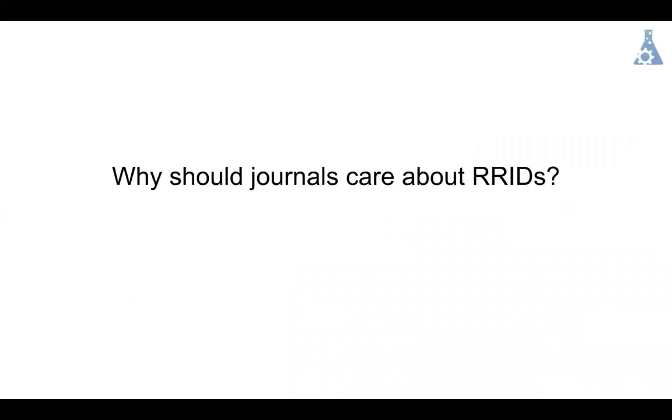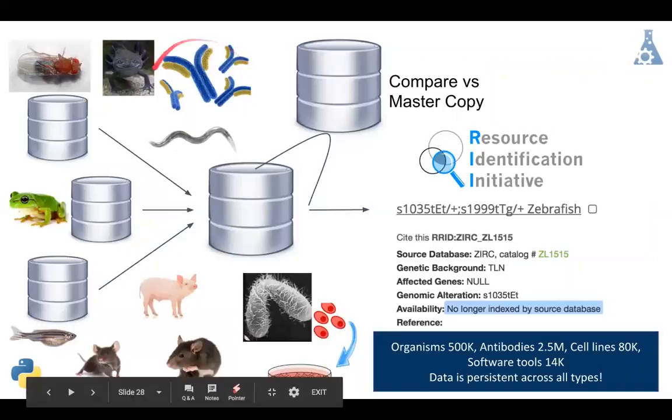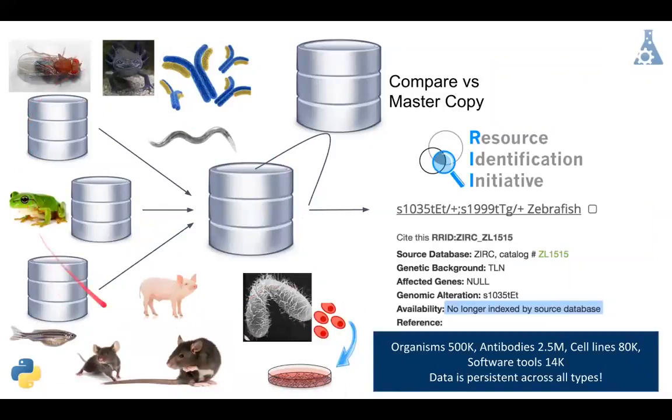So journals, why should they care about RRIDs? Well, it turns out we make it fairly easy to go across all the kinds of things that are considered key biological reagents, including obviously antibodies, cell lines, and all the different kinds of animals that people are commonly using.